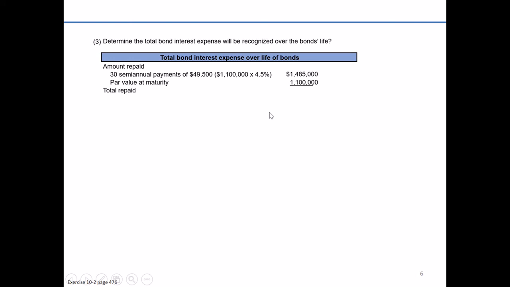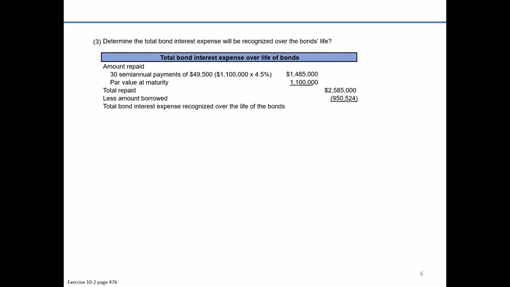So $1.1 million of par value plus total interest paid of $1,485,000 means that they pay a total amount of cash over the 15 years of $2,585,000. Compare that to the amount of cash they received up front. So subtract $950,524 from $2,585,000.